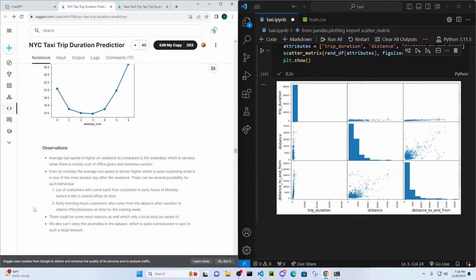So coming from the airport, lots of highway trips. That makes sense. Early morning customers who come from airports after vacation to attend office business on time for the coming week. There could be some more reasons as well, which only a local must be aware of. We also can't deny the anomalies in the data set, which is quite cumbersome to spot in such a large data set.